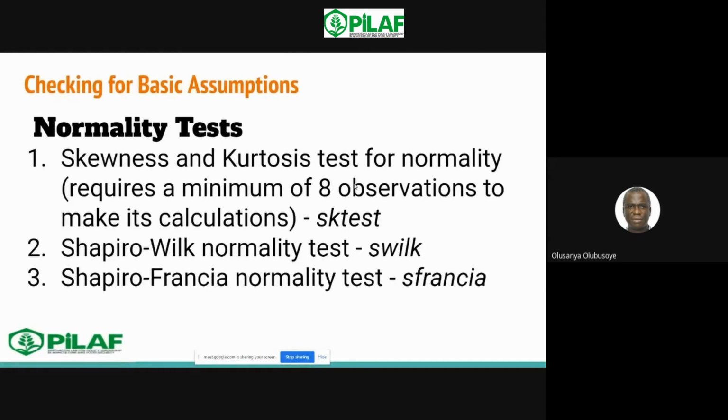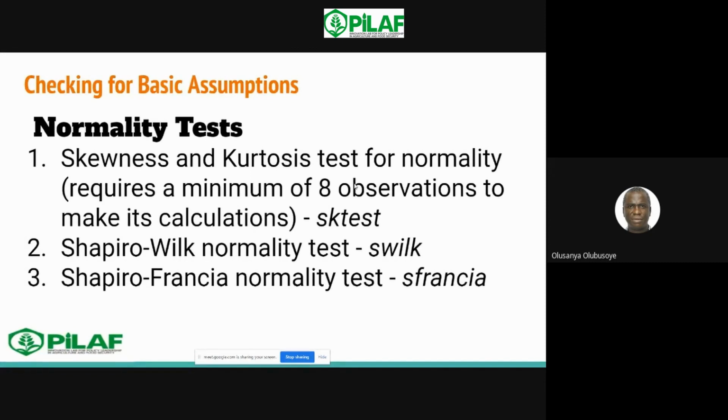We will start with checking for the normality assumption in our data. And good enough, STATA provides three different tests that you can employ to check whether your data is normally distributed or not. The first one is the skewness and kurtosis test.